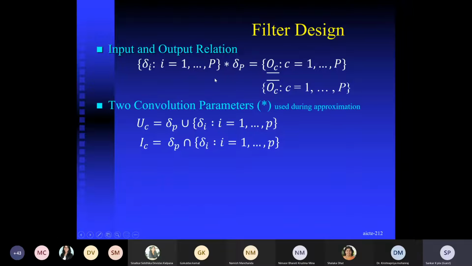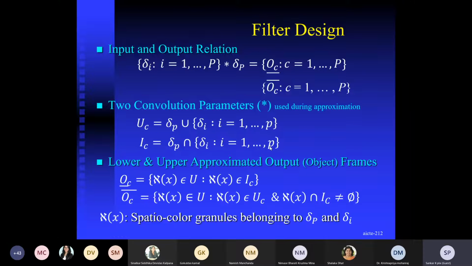The convolution operator is nothing but the lower and upper approximation; it is union and intersection. If I take the intersection operation, I get the lower approximation, as usual, because I take the minimum values. By definition, the lower approximation is all granules belonging to the universe such that these granules belong to IC, that is, all granules belonging to the intersection between these two frames.